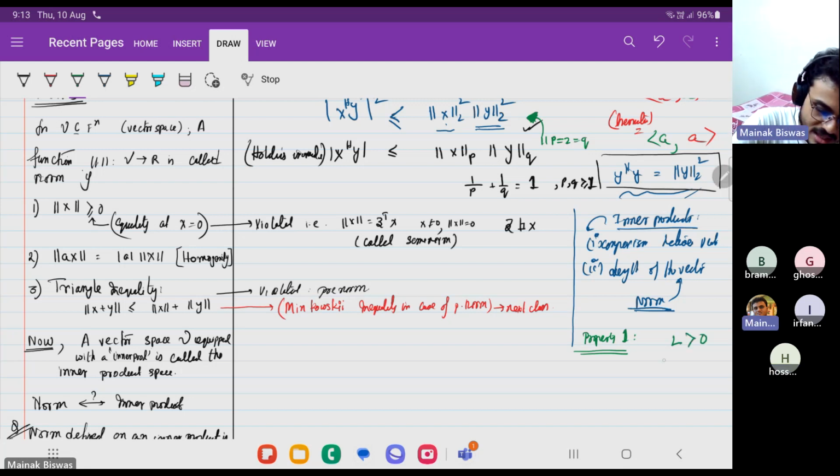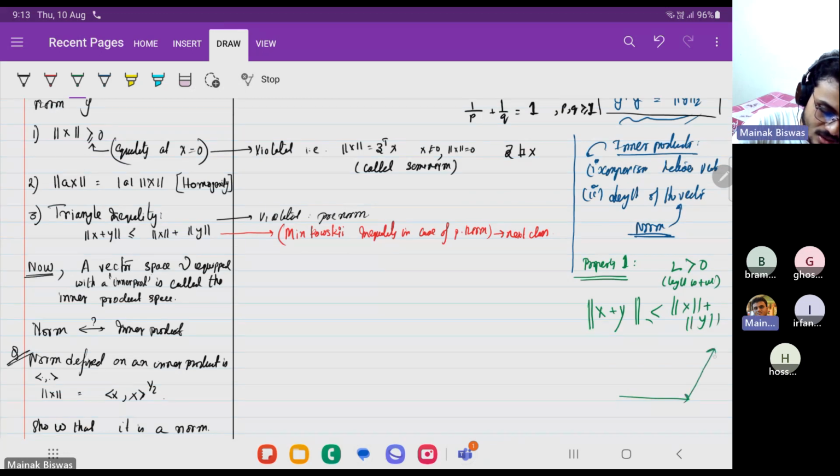Yes, always, length is positive. Also, do you remember the length of two vectors added is less than or equal to the sum of their lengths? Yes or no? It's according to the triangle rule.